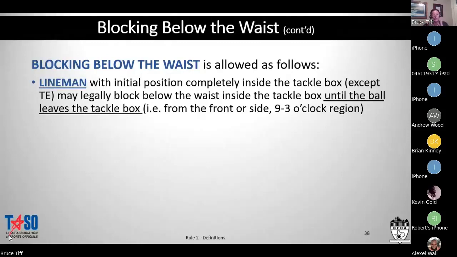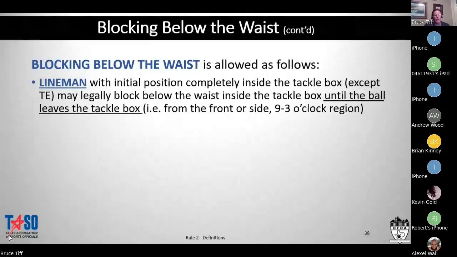So linemen whose initial position is completely inside the tackle box, except the tight end, we'll talk about that in a minute, even though he's certainly in that tackle box, he's excluded, may legally block below the waist inside the tackle box until the ball leaves the tackle box. And this is from the front or side, so they get that full 9 o'clock to 3 o'clock region. Only the linemen who meet this requirement.